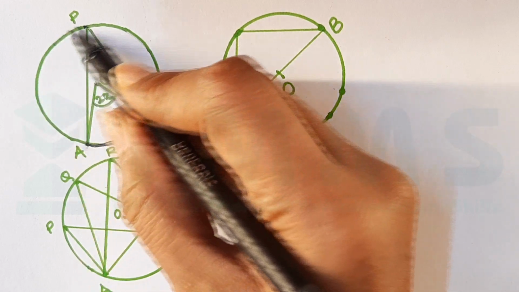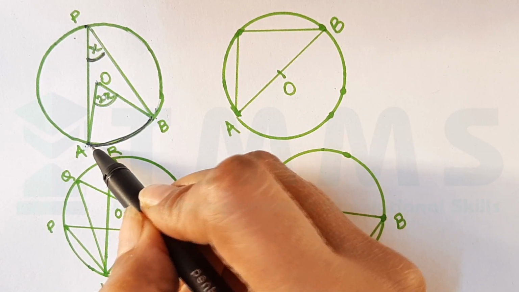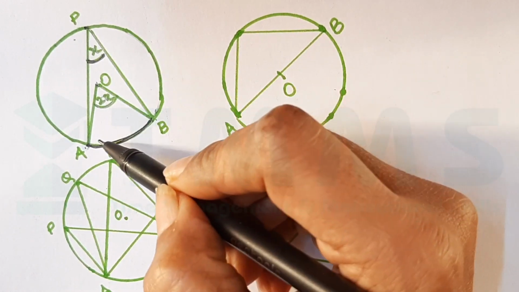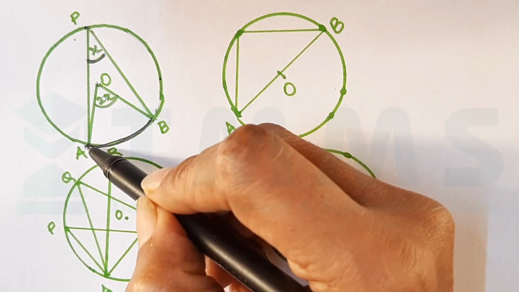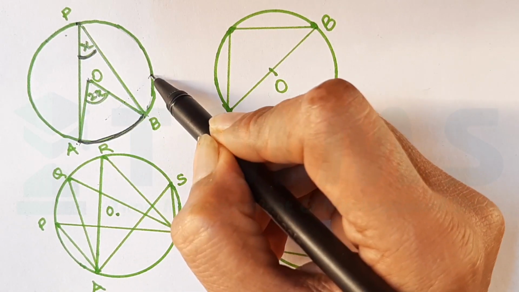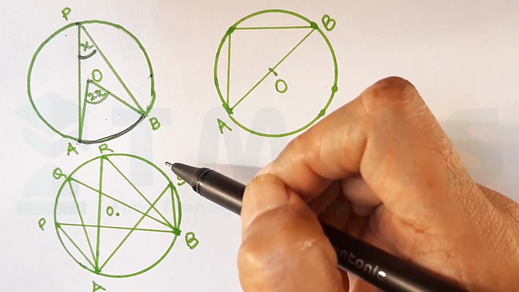Now the circumference is this full thing, out of which AB is a part. The remaining part is this. So I could take any point over here and join like so, and I would get an angle which will be subtended in the remaining part of the circumference.